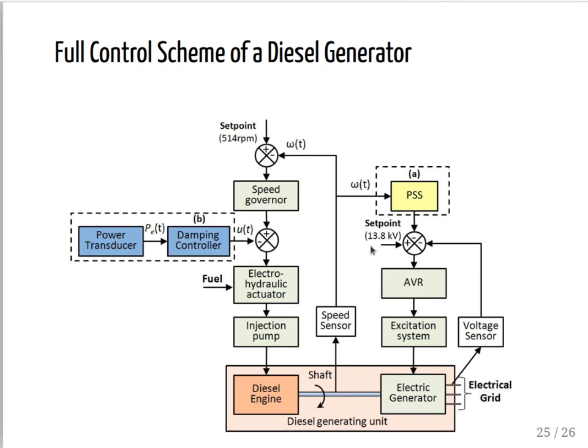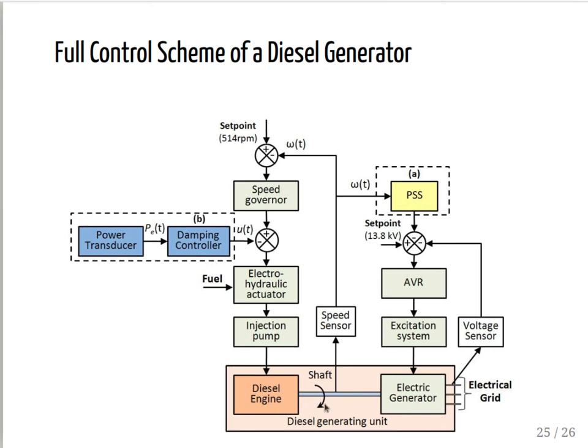There's a set point; for a large generator, this is 13.8 kilovolts, 13,800 volts. Then you have the AVR, the automatic voltage regulator. It controls the excitation system, and the excitation system controls the output voltage by changing the EF. That part ensures the output terminal voltage is constant.